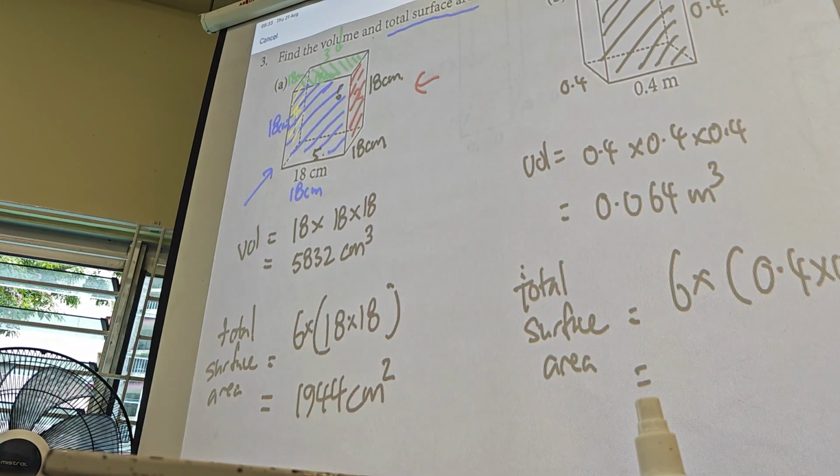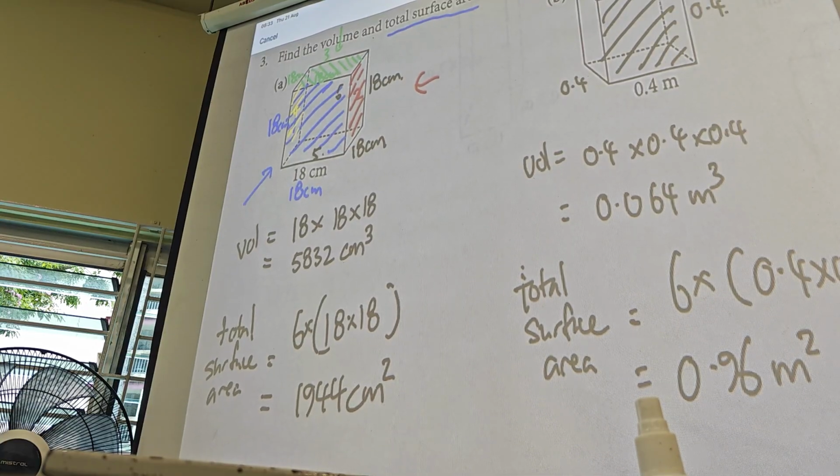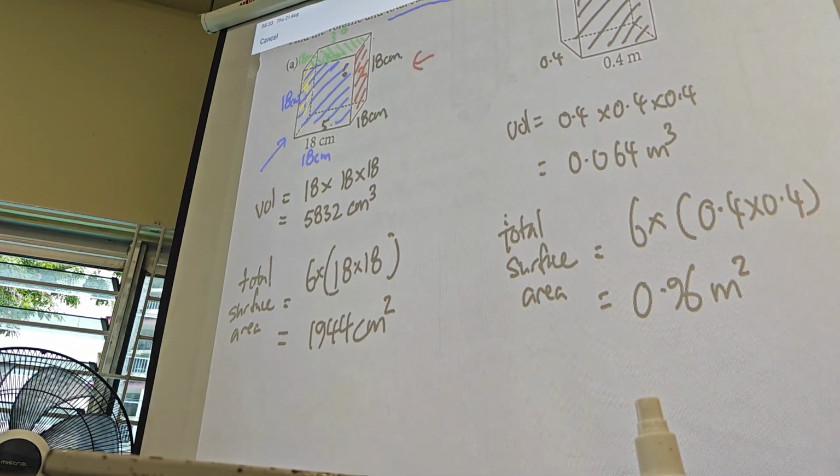So I multiply this number by 6 square faces. That will give me my final answer, which is 0.96, and the unit is meter square because it is area. Can? Not difficult, right?